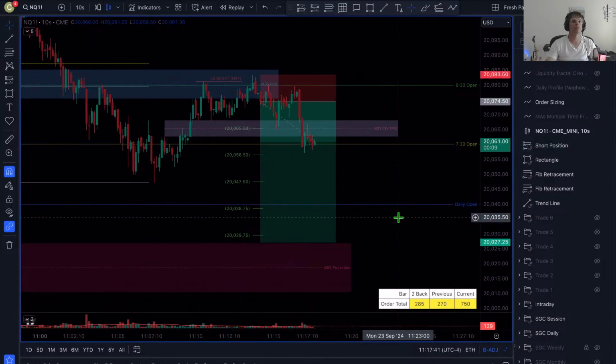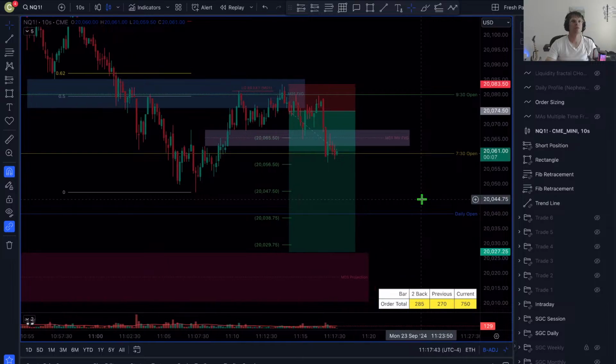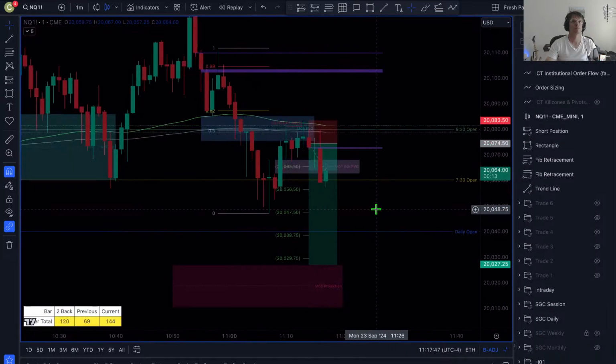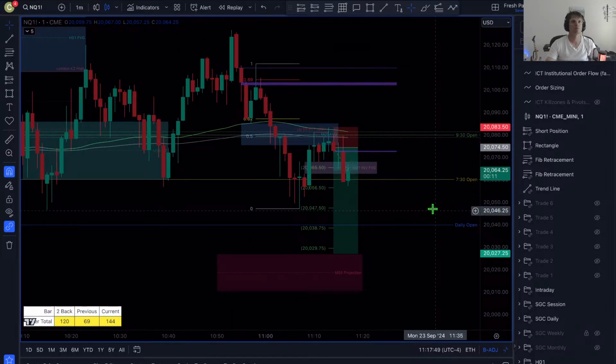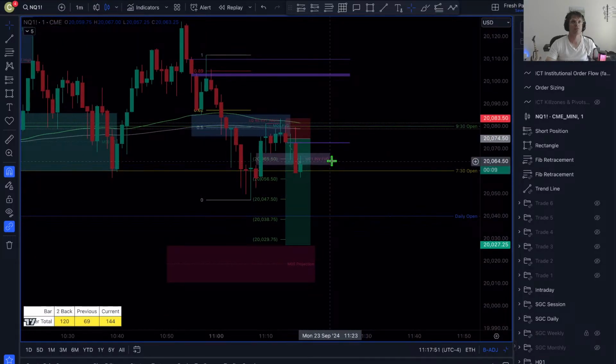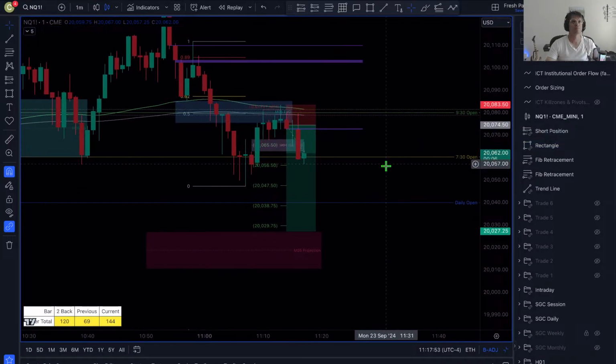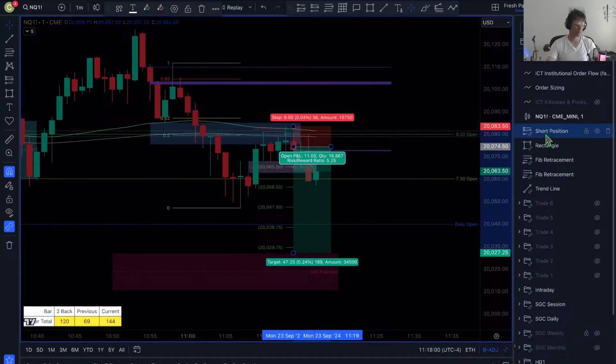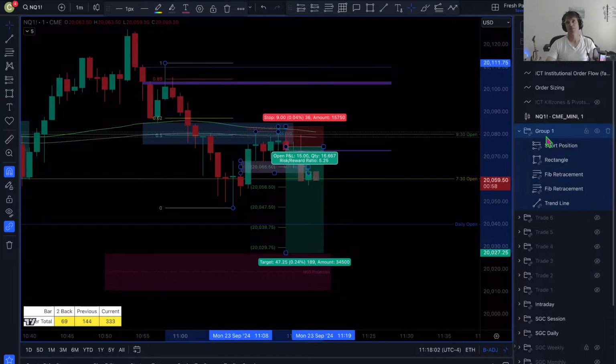Five projection there. Daily open. Nice and balanced there. See if it holds this inversion. That'd be really good. There it is. That's TP2.